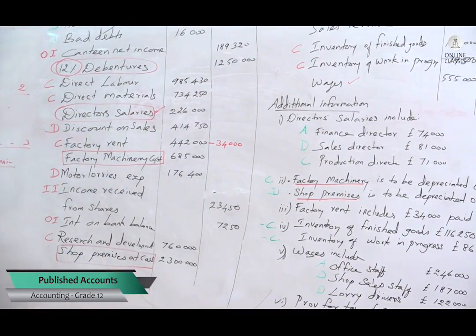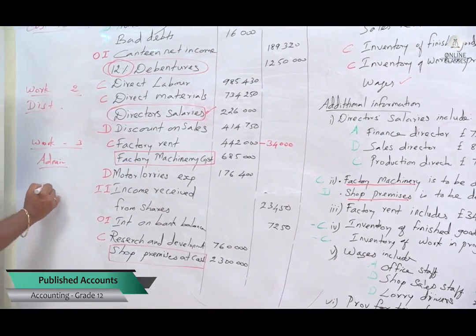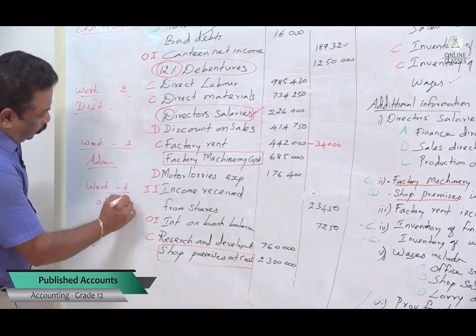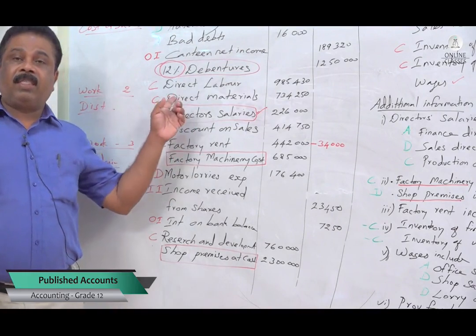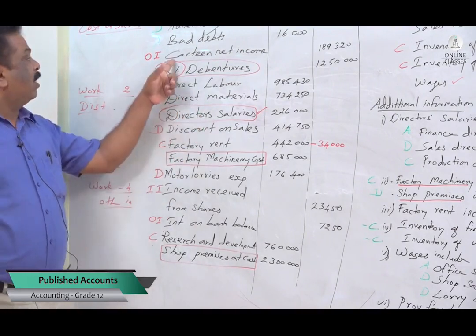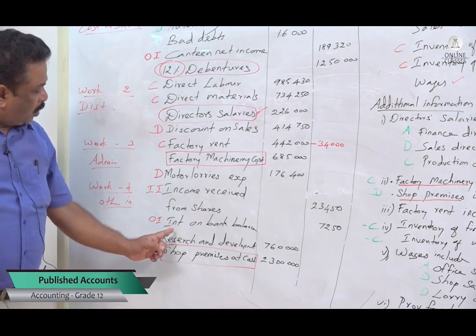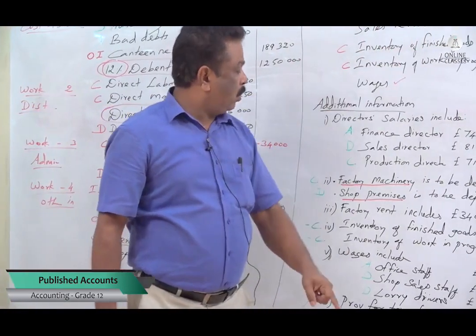Then comes other income. Working note number 4, other income. List out all the other income, that is which is denoted by OI: canteen net income, interest on bank balance and rent received.